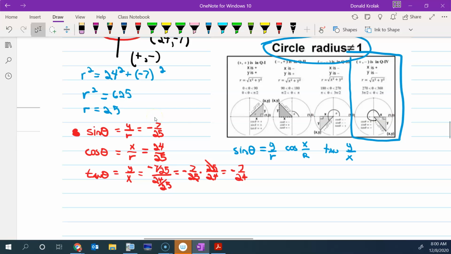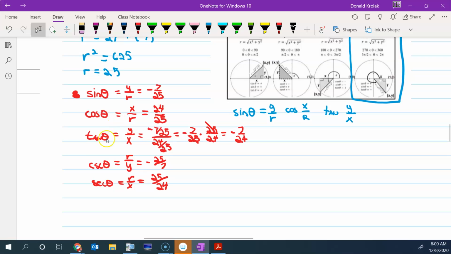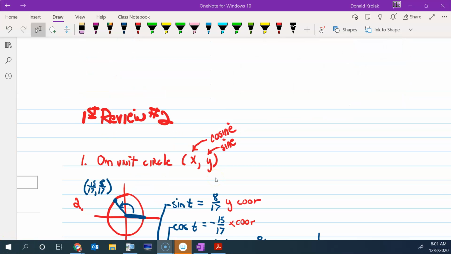And then you flip those to get your other ones. So cosecant is r over y. Secant is r over x. And then finally, cotangent is a negative 24 over 7.